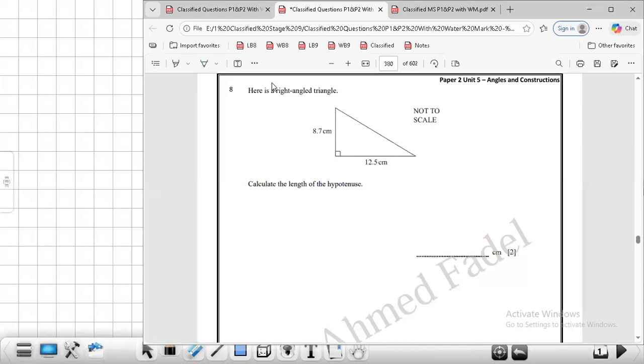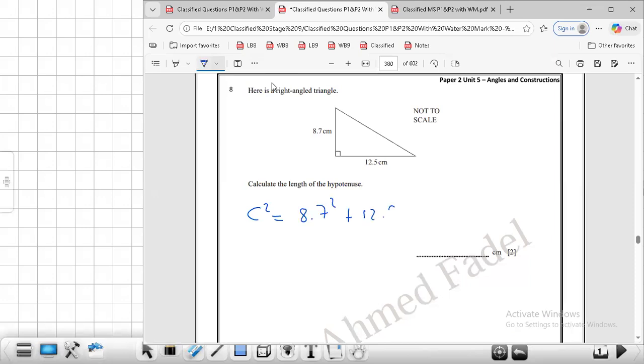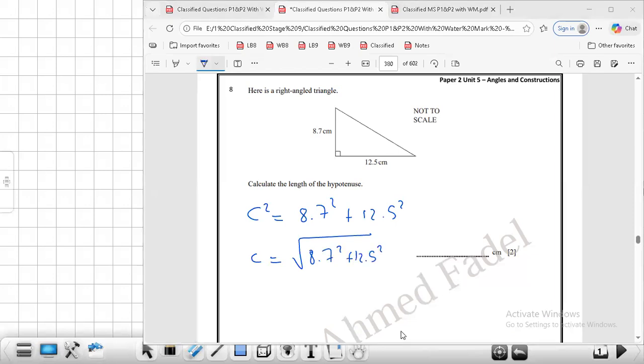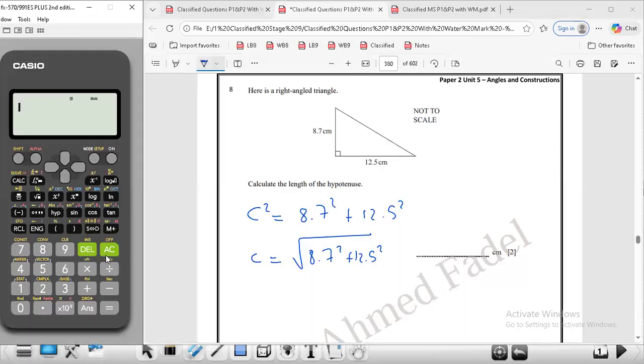Now, they want to calculate the length of the hypotenuse. C squared equals 8.7 squared plus 12.5 squared. So, C equals the root of 8.7 squared plus 12.5 squared. Then you open your calculator and you do this.